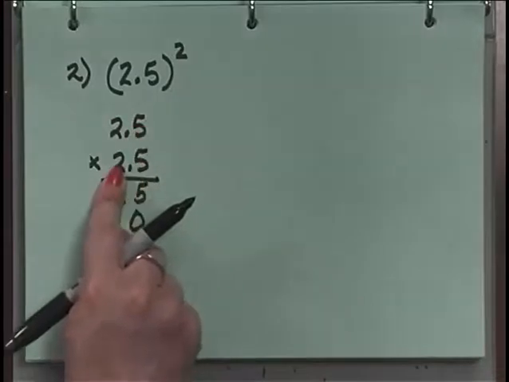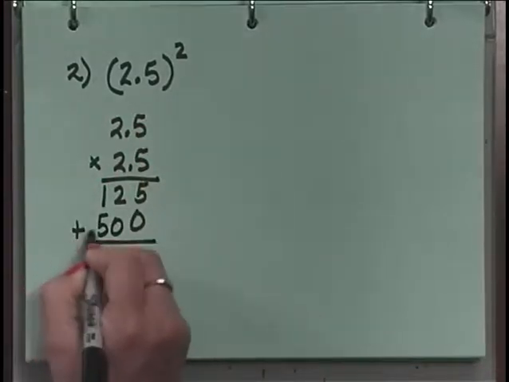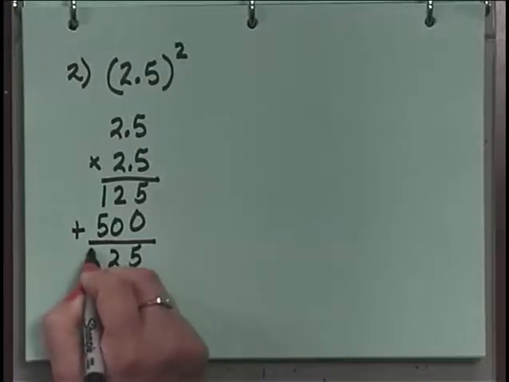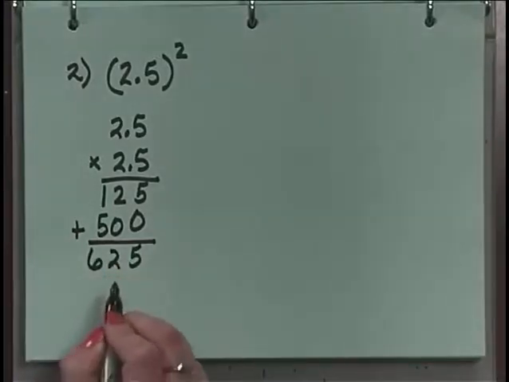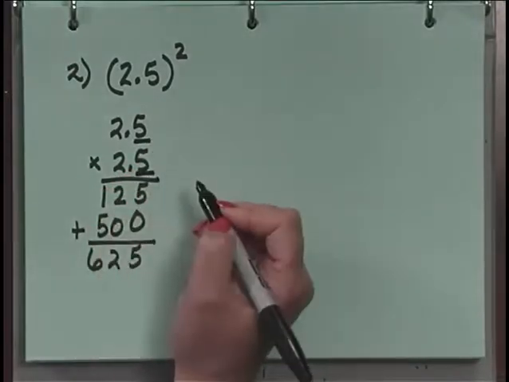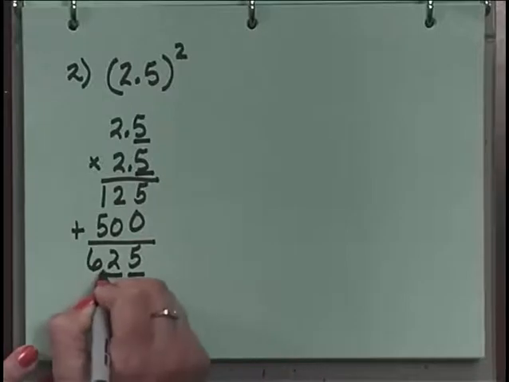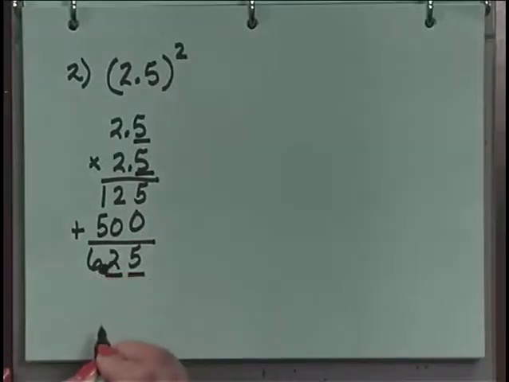And 25 times 2 is 50. Then I would add my partial products together. And then what I need to do is consider decimal places. There's one decimal place here to the right and one decimal place here. So I would need 2 in my product. So my solution, or my product, would be 6.2500.